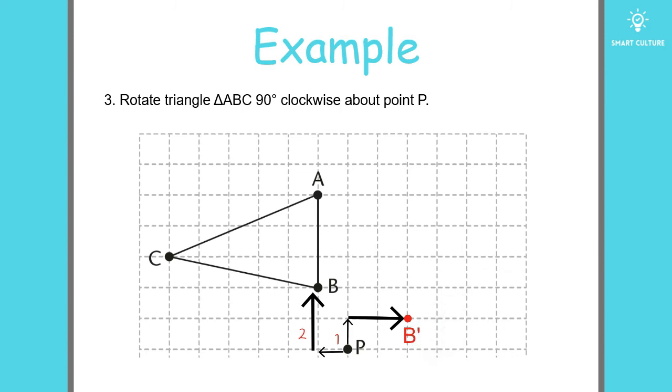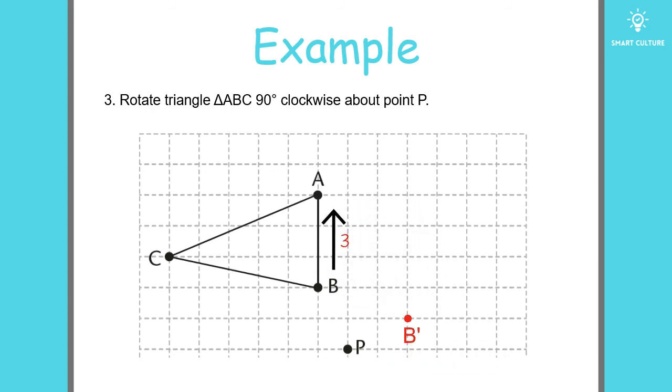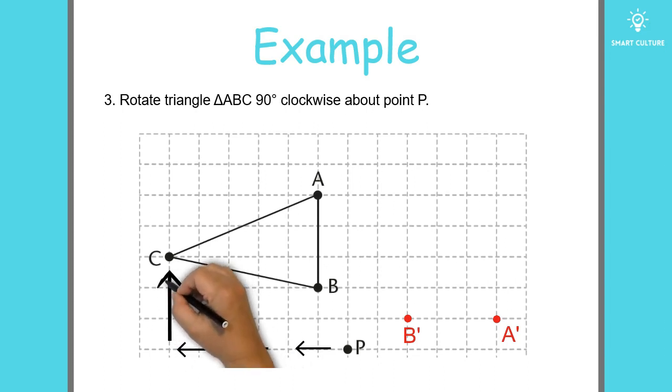Let's move on to point A. So you'll see that point A is 3 units away from point B. So this will be the new position of point A. This is the image of point A. Let's take a look at point C. Point C is 6 units to the left and 3 units above point P. So now we have to rotate this point by 90 degrees clockwise.